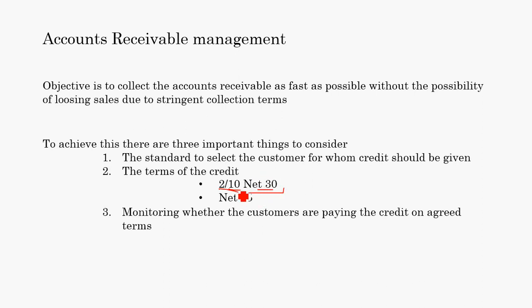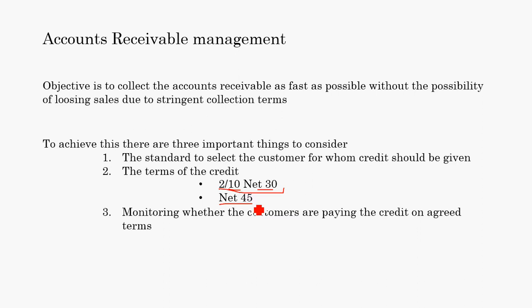If he pays within 10 days, he can claim the 2% discount, or else he has to pay within 30 days. Net 45 means that no cash discount is given. Whatever purchase has been made by the customer, he has to pay up the accounts receivable within 45 days. So the terms of credit that a company offers to the customer will also play a role in determining how fast the company can collect its accounts receivable.